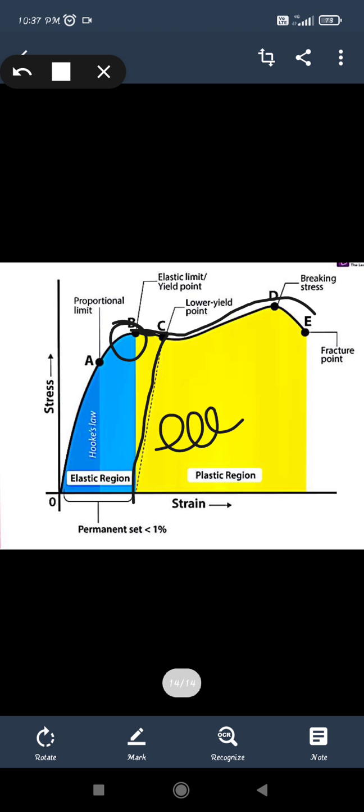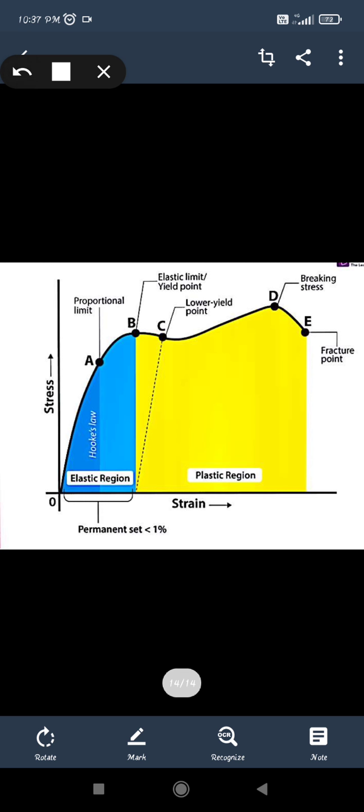The plastic region means the body cannot regain its original size and shape. Then the point comes where the breaking stress arrives, and if you apply more stress, the body will break. That means the rubber band will break. This is the fracture point. Even if you remove the deforming force, it has already broken, so it has become a permanently deformed object. So these are the points of the stress and strain graph for the fracture condition.